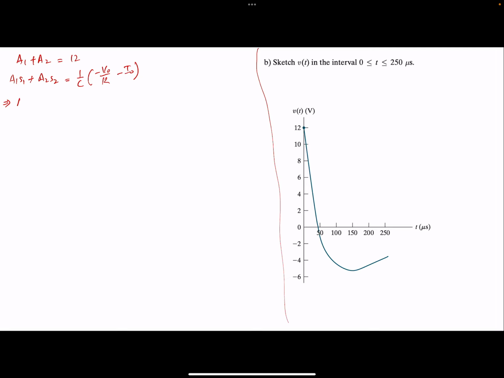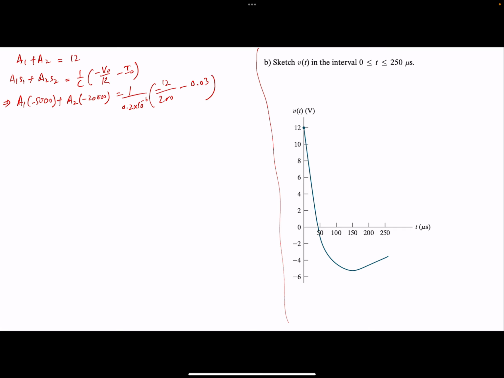So A1, I need to find it. S1 is minus 5,000 radian per second, plus A2 times S2, which is minus 20,000 radian per second, equals 1 over C, which is 0.2 microfarad, times minus V naught, which is 12, divided by R, which is 200 ohms, minus I naught, which is 30 milliamperes, 0.03.